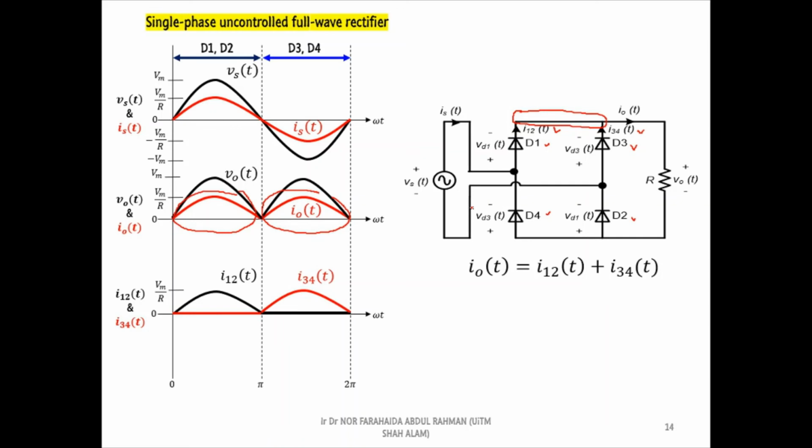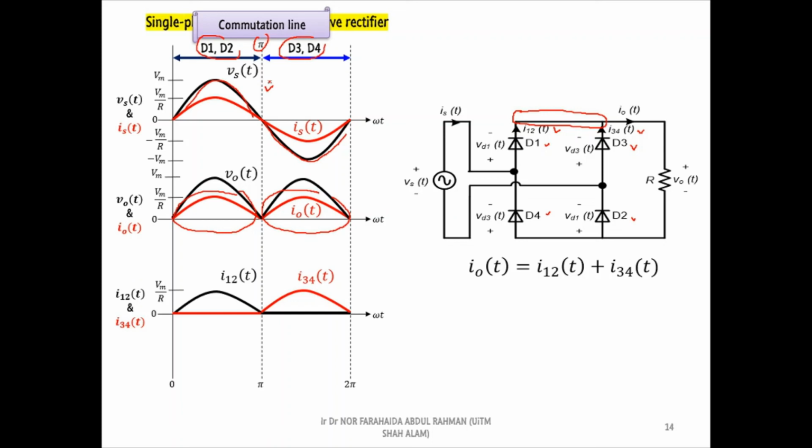Based on the waveforms of the diode's current, we can see that the output current will commute from D1 and D2 to D3 and D4 when the positive half cycle of the AC supply voltage change to negative half cycle. This current commutation happens when omega t is equal to pi. Therefore, we can call this vertical line a commutation line.